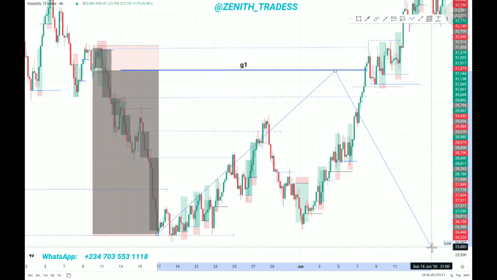But here there's a change of structure, a change of character actually. So the only time you assume 4H is about to change character is when it gets to the weekly open, not the daily open. Daily open will be a major reaction only.